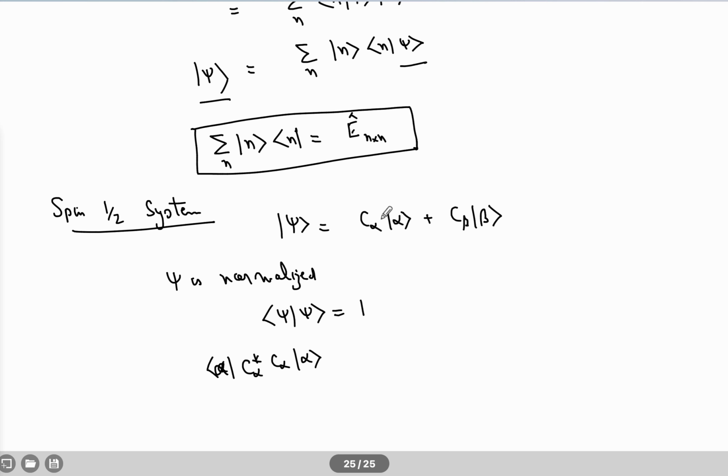So this term comes when you take the bra of the whole thing, so this will become bra and this will become C alpha star.